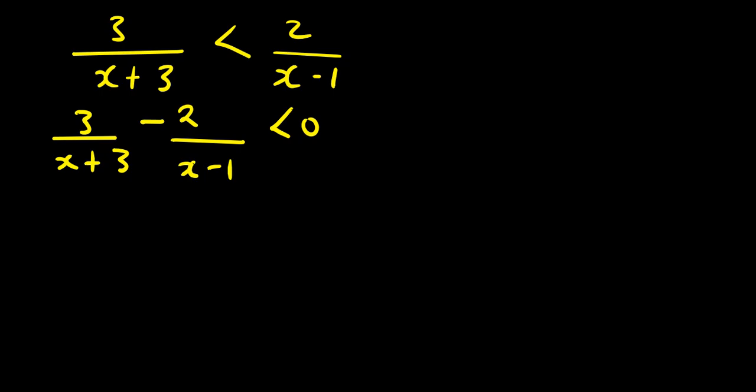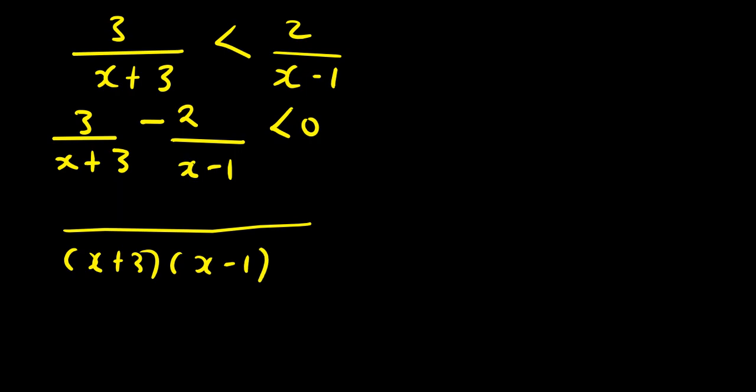Again, you merge the fractions, so you have x plus 3, x minus 1, then like we did earlier, you multiply your negative 2 by that.